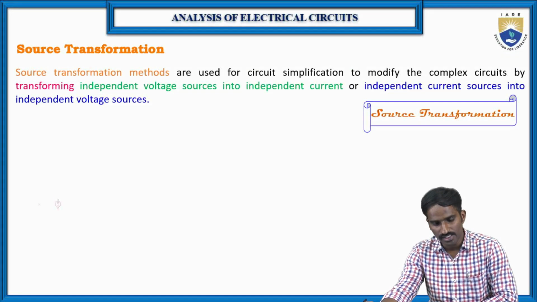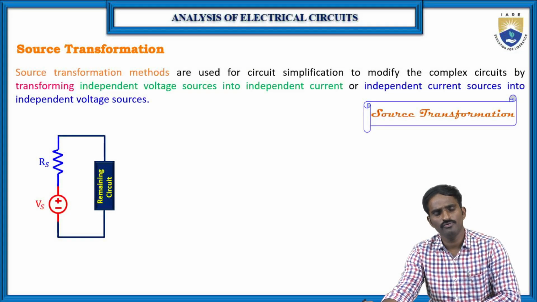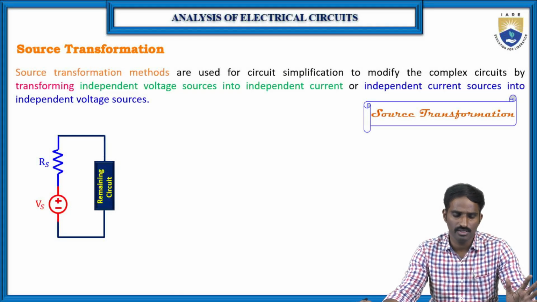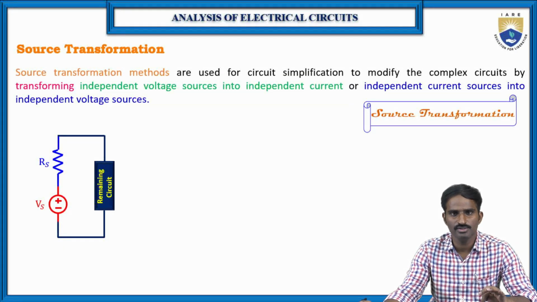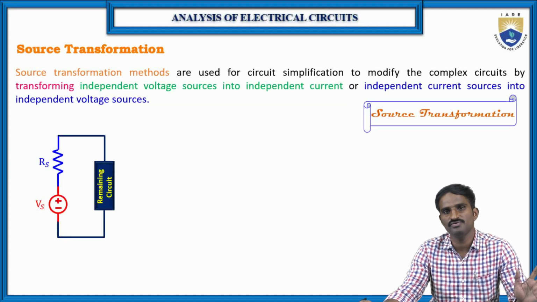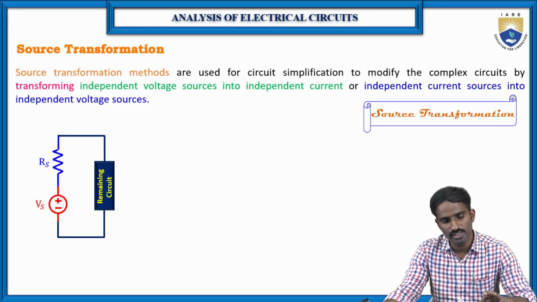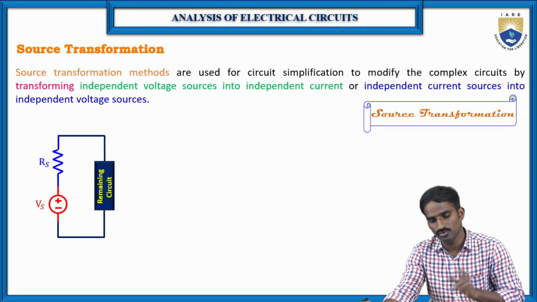Then how can we convert? If you want to convert a voltage source into a current source, it must be a practical source. A practical voltage source has an internal resistance connected in series with that particular voltage source. Then this practical voltage source is converted into a practical current source.